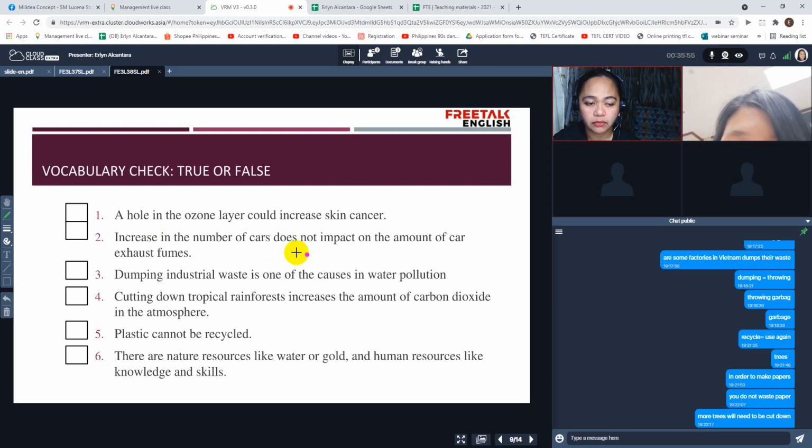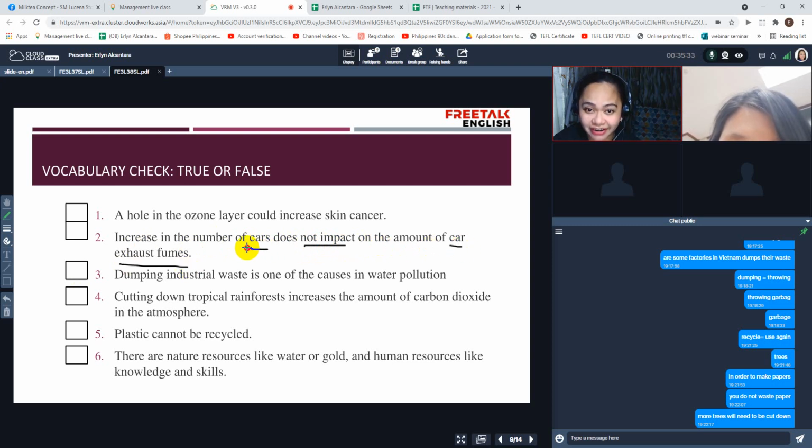We're not talking about electric cars. We know that electric cars are good for our environment. It says here that if we increase the number of cars, it will not impact the amount of car exhaust fumes.